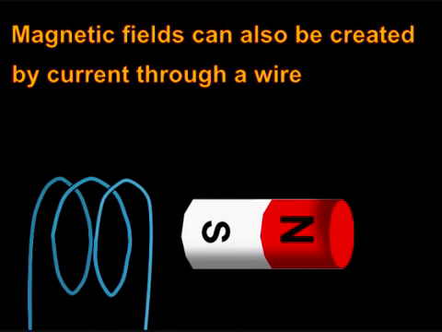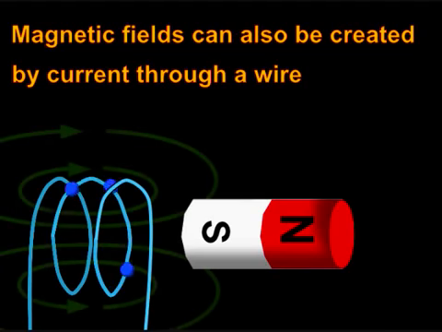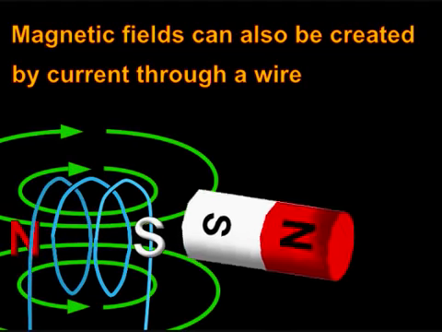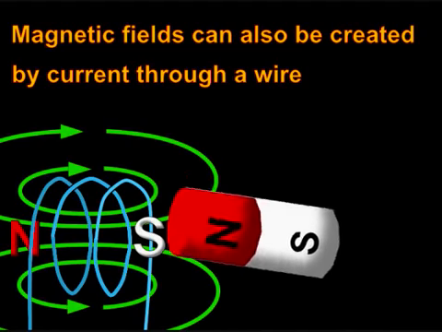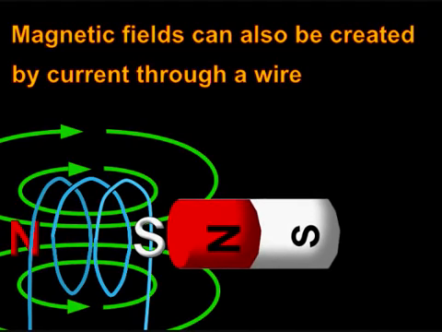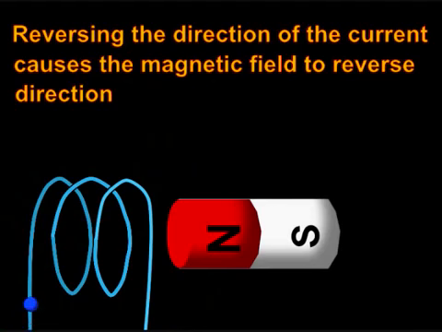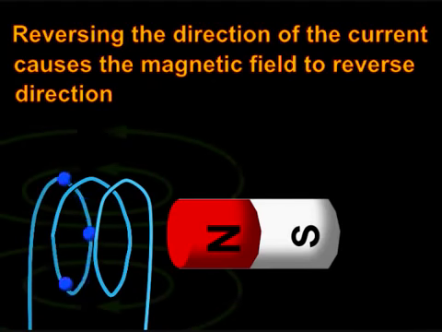Magnetic fields can also be created by current through a wire. Reversing the direction of the current causes the magnetic field to reverse direction.